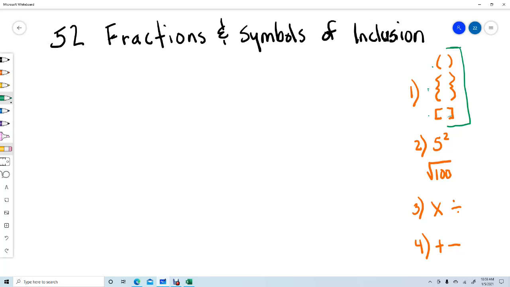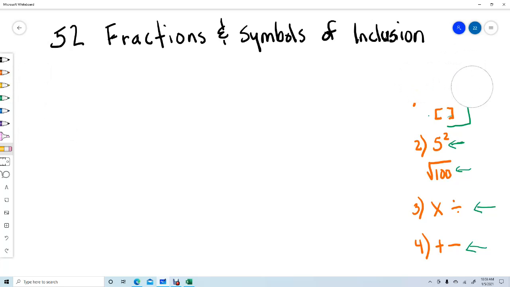Then you would simplify your exponents and your radicals, your square roots and cube roots and things like that. And then you would do all of your multiplication and division from left to right, and then your addition and subtraction from left to right. So that's a little review on order of operations. So we recall that the braces and brackets and parentheses are the first priority when we do equations.